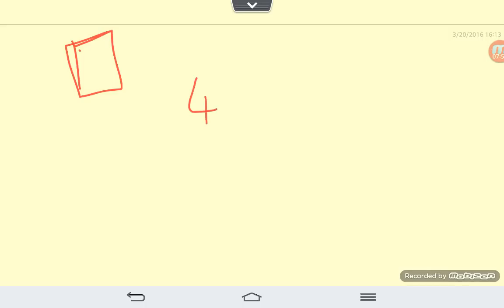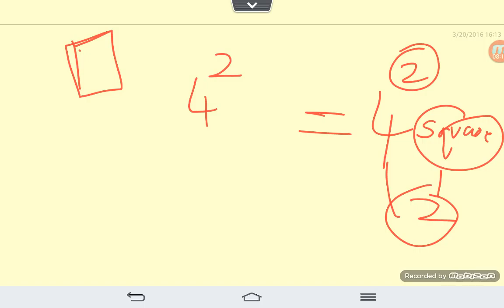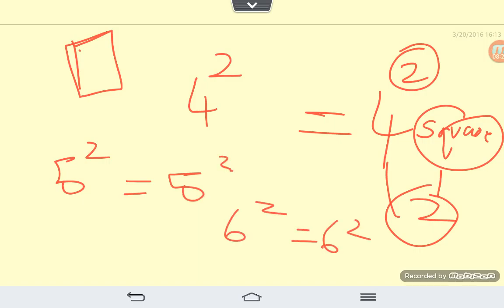I have 4 power 2, which can also be said as 4 square. Now the symbol of square is nothing but the same power 2, right? So now I can say 5 power 2 as 5 square, and I can say 6 power 2 as 6 square. So it's similar to that.